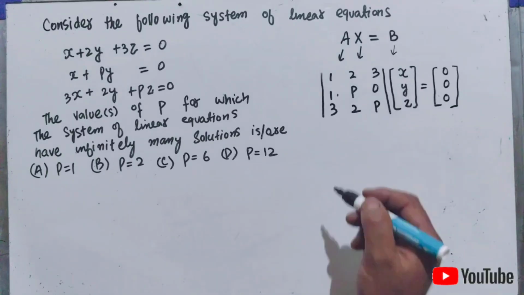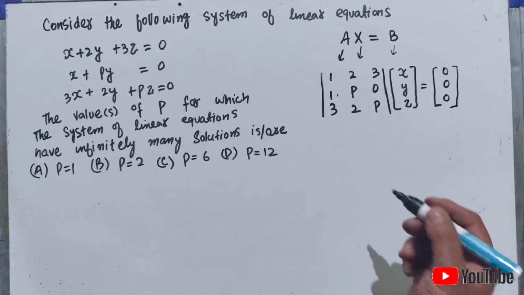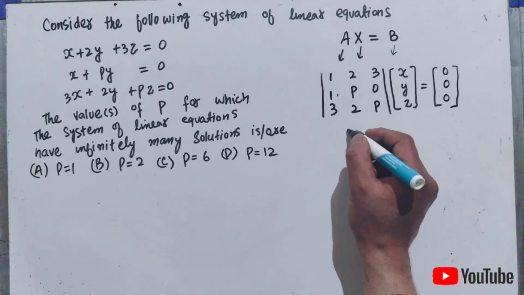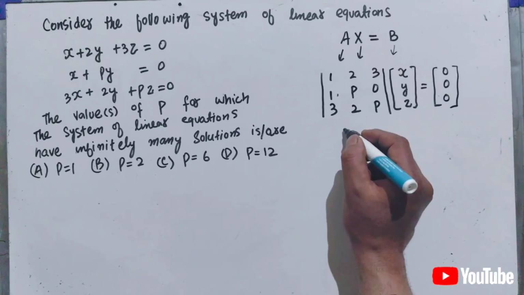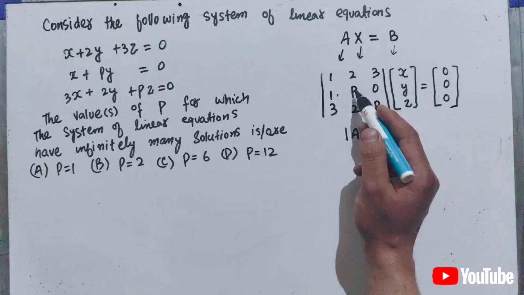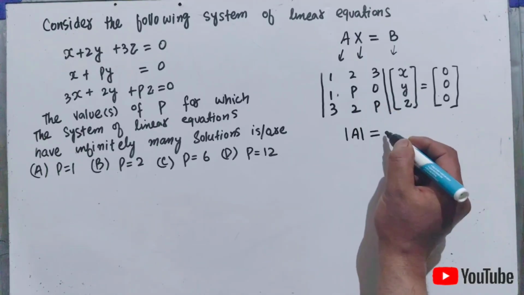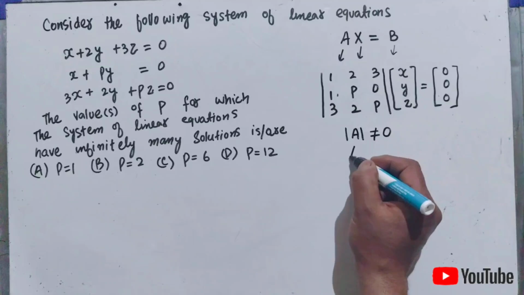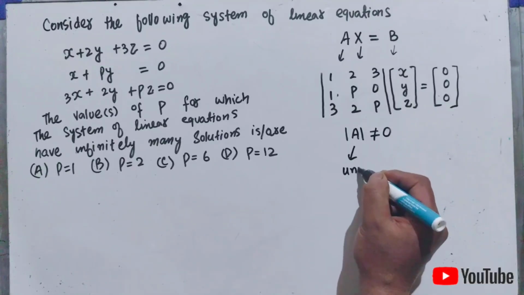Okay, so the condition is like this. If the determinant of A is not equal to 0, then we have a unique solution.